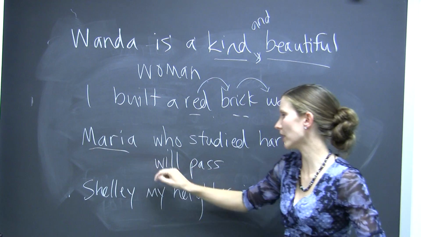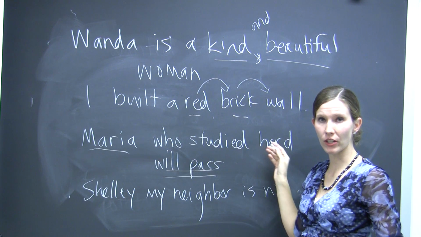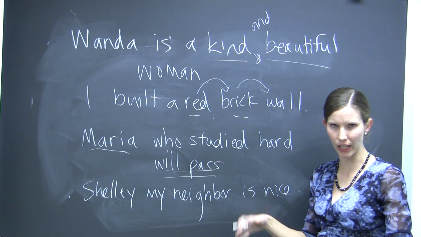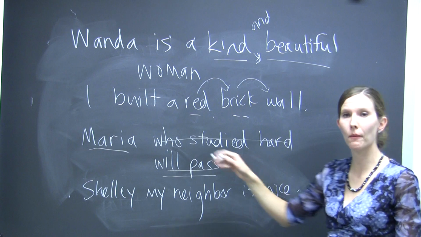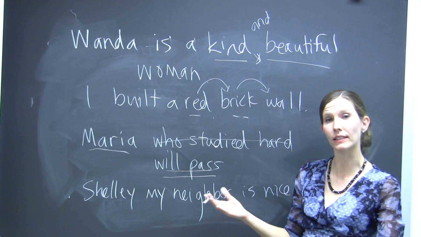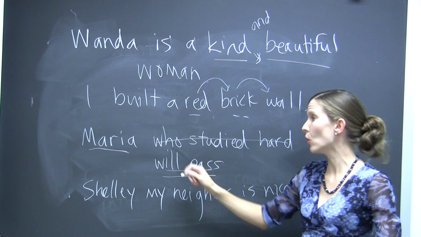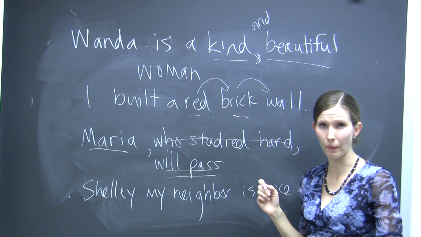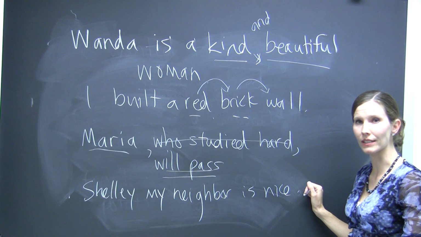I have my subject and I have my verb. I could take this information away. It's helpful in the sentence, but it's not necessary for the meaning of the sentence to be maintained. If I took this away, I would have Maria will pass, and that makes sense. If I took that information away, the sentence still makes sense, which means that extra information needs to be surrounded with commas. Another example of this would be Shelley, my neighbor, is nice.